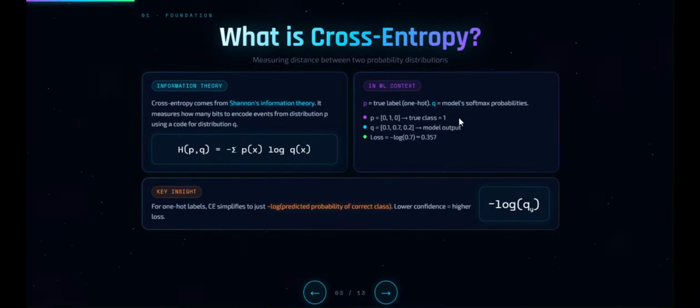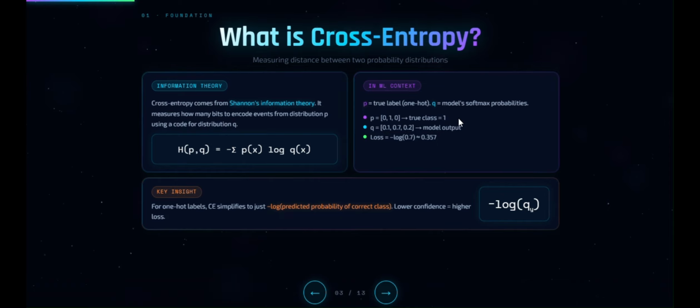Now, what is cross-entropy loss? Cross-entropy is basically a way to measure the difference between what the model predicted and what the correct answer actually was. In machine learning, P represents the true labels and Q represents the model predictions. Suppose the correct class is dog. The true labels become 0, 1, 0, and the model predicts 0.1, 0.7, 0.2.